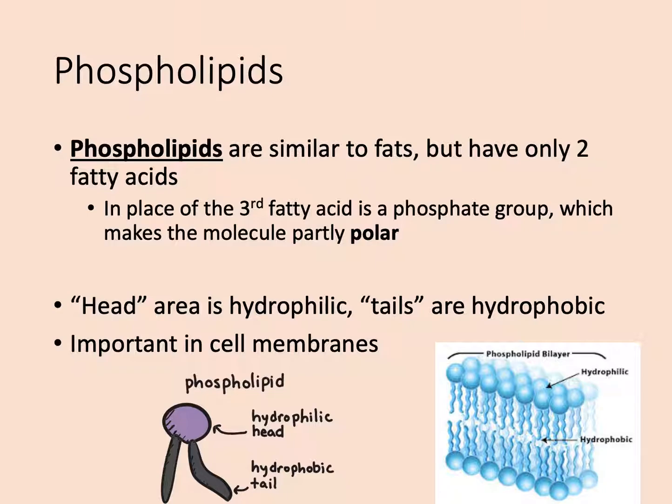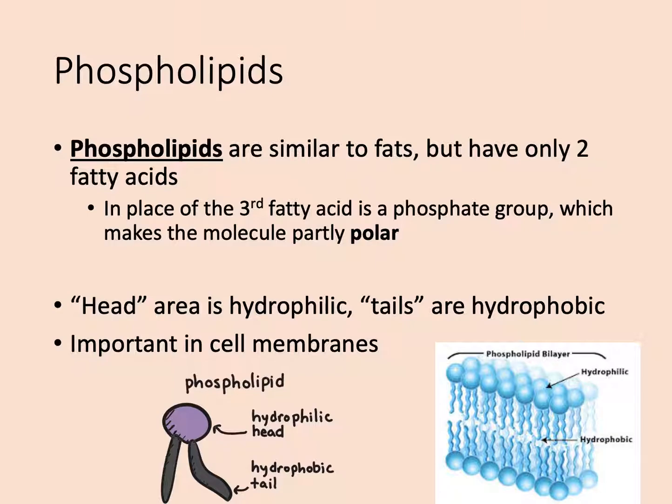That means they're both hydrophilic and hydrophobic. Most molecules have to choose. They're either water-loving or water-hating. They don't get to be both, but phospholipids are both. So the circle part there, the head, quote unquote, is the hydrophilic part. The tails, or the fatty acid chains, don't like water, they're hydrophobic.